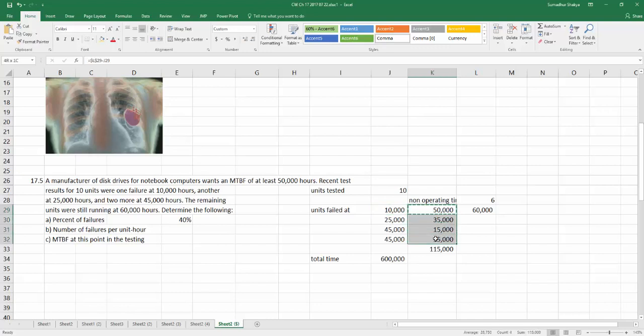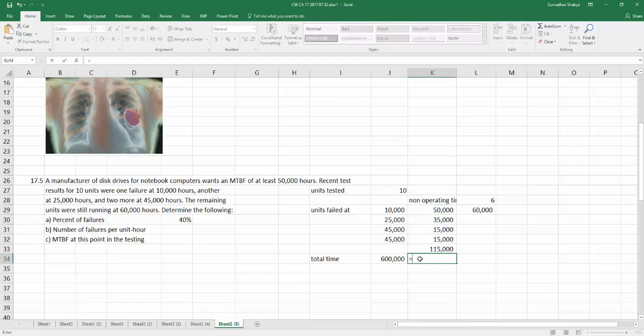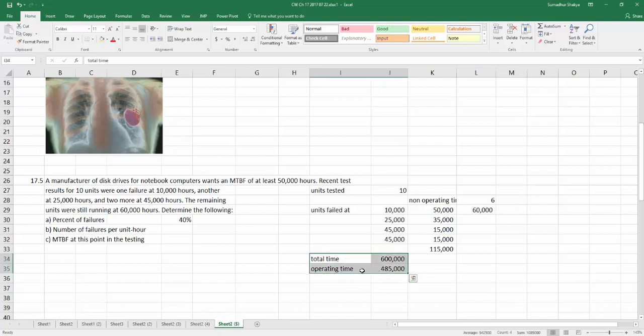So either we sum up all these non-operating times and subtract this from 600,000, we should get the total operating time, correct? Yes or no? So this is operating time. Or a second way to calculate this would be, let me move this over here.